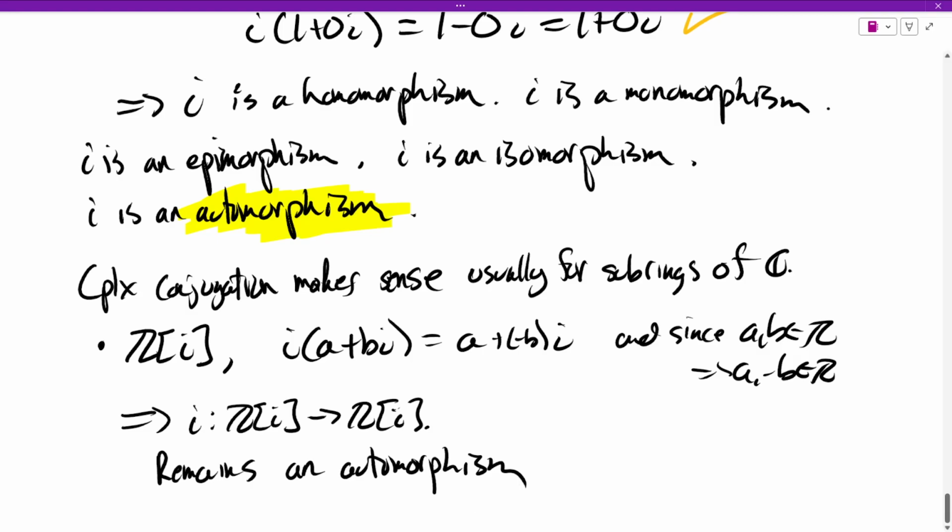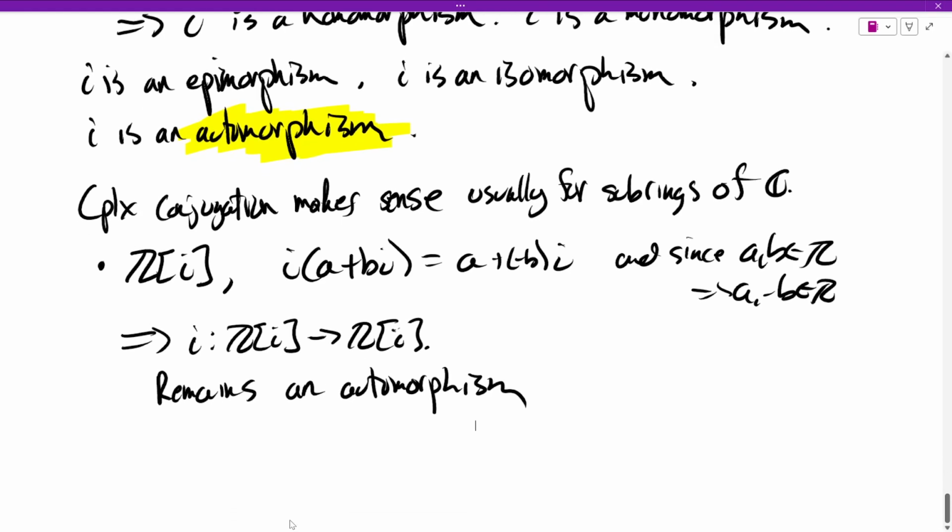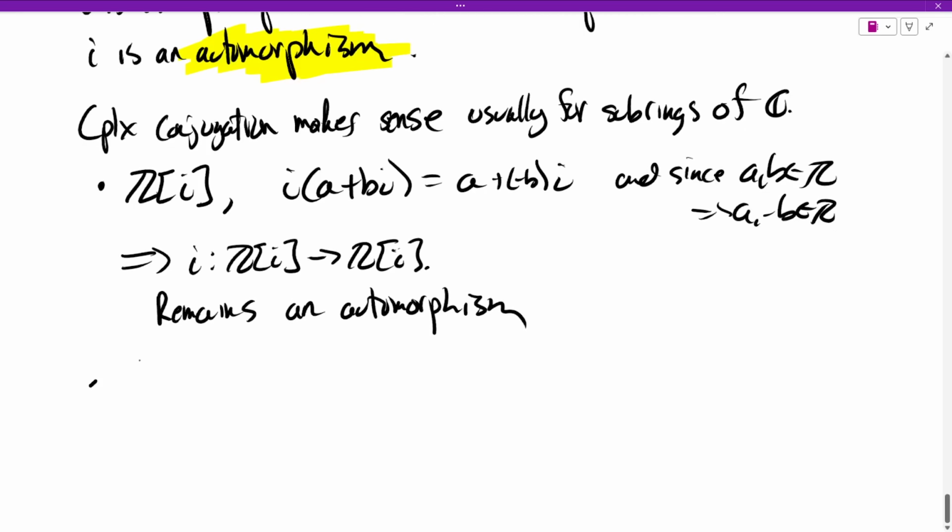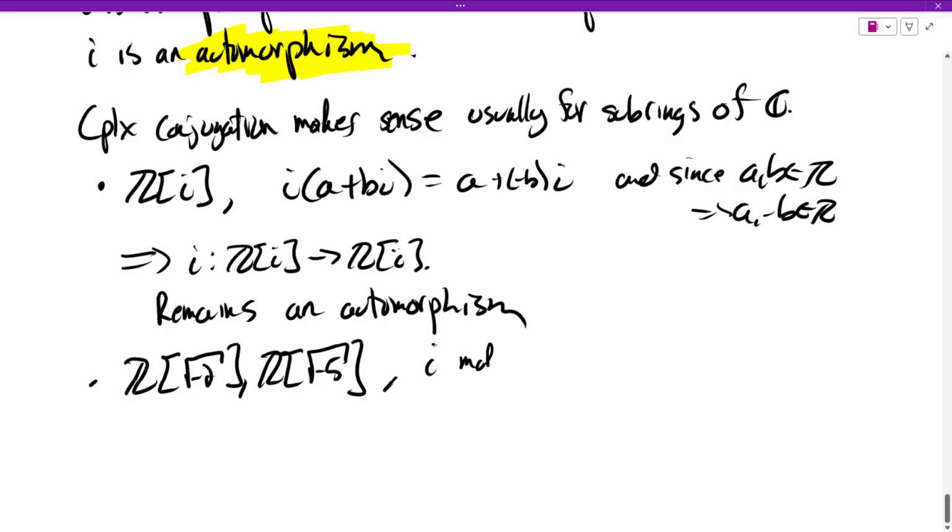Another set that we encountered was Z adjoin square root of negative 2. Sorry, I mean subrings, not sets. And Z adjoin square root of negative 5 just recently. And iota makes sense here too. And by makes sense, let me use the proper words: iota is well defined on these rings as well.